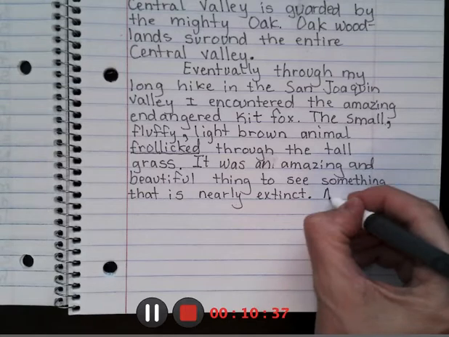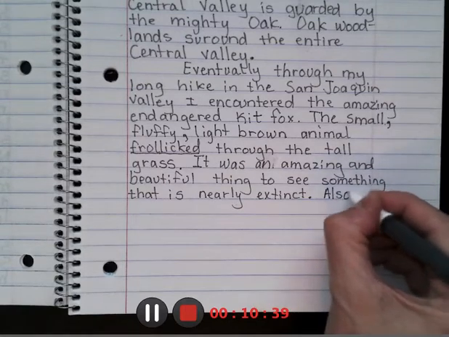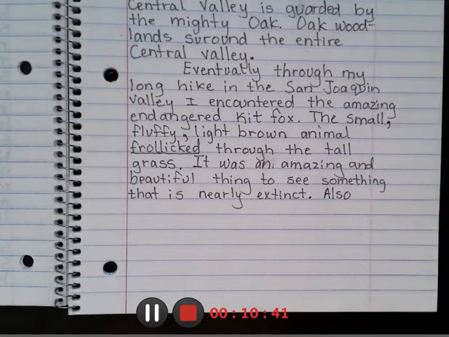Also, I want to say also among my journey, no, during my journey, maybe during my journey, I saw the vision of the great mighty elk. I saw a vision of the great mighty elk.